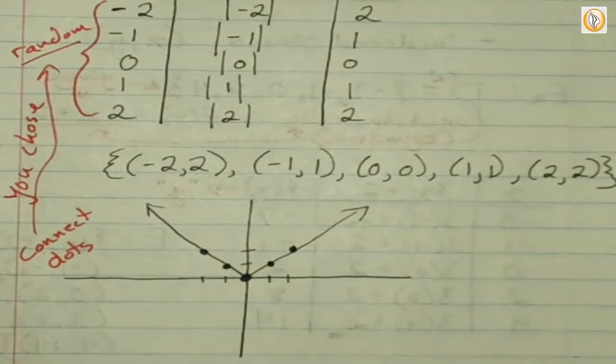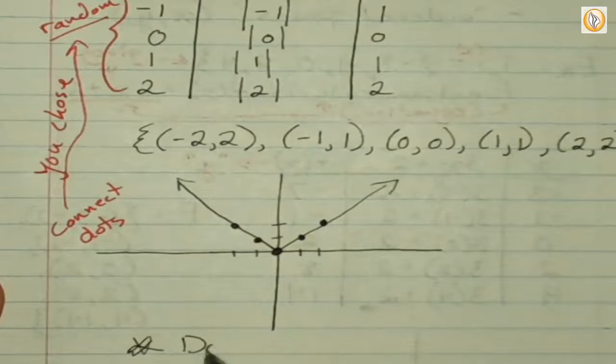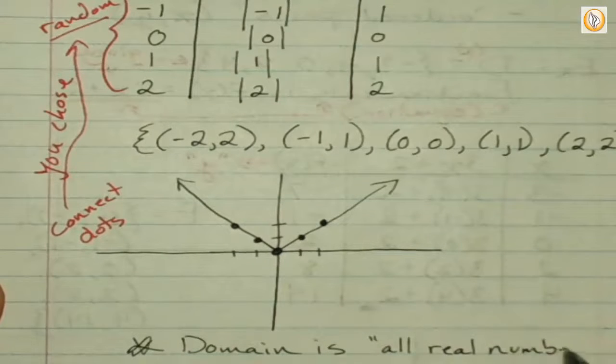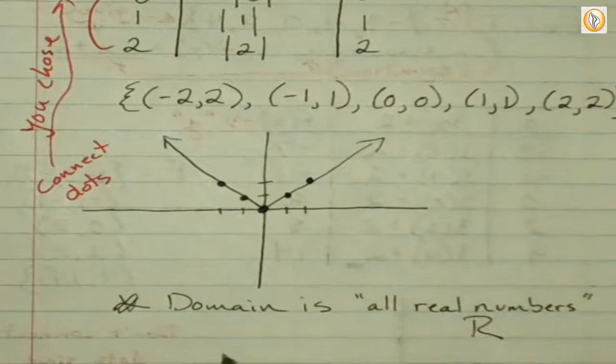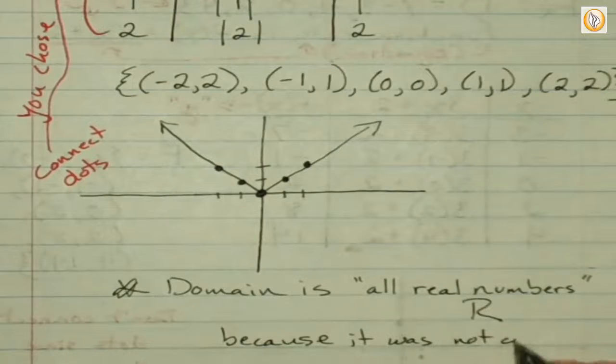So in this case, the domain is all real numbers, which is R, because it was not given.